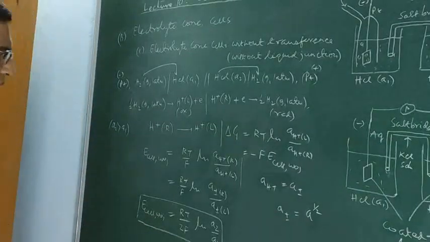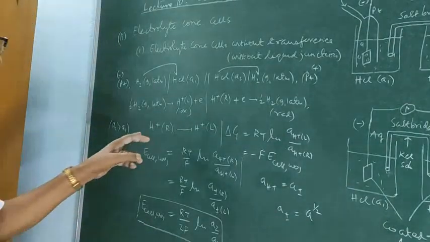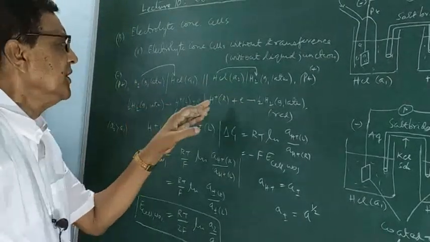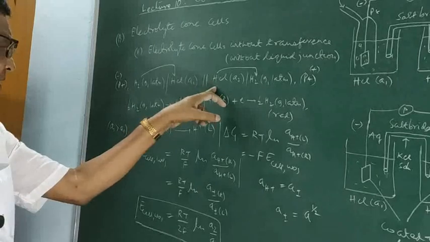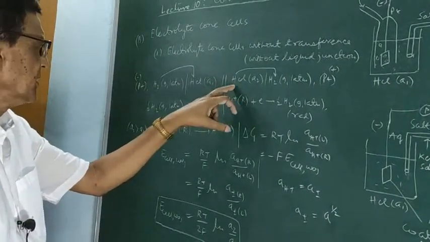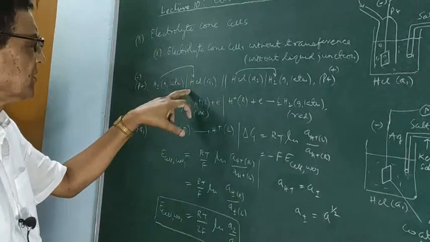One thing I can mention also: as the hydrogen ion is passing from right to left, here the hydrogen ion is decreasing and here the hydrogen ion is increasing.